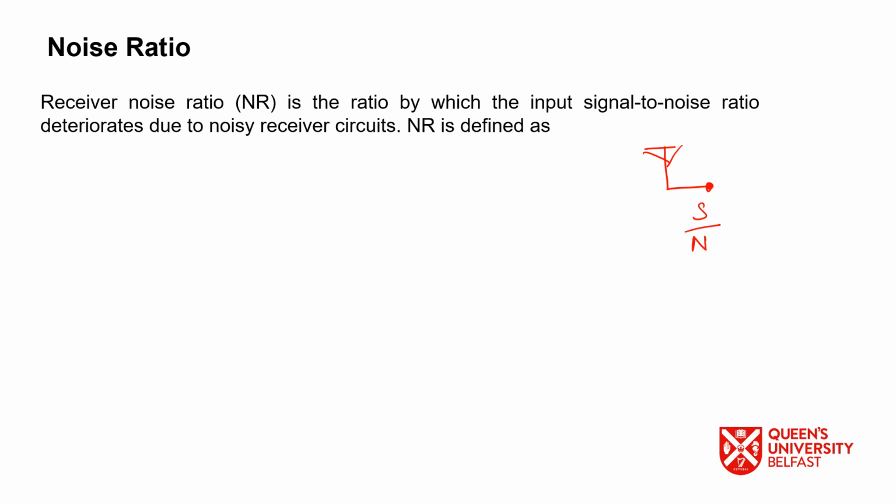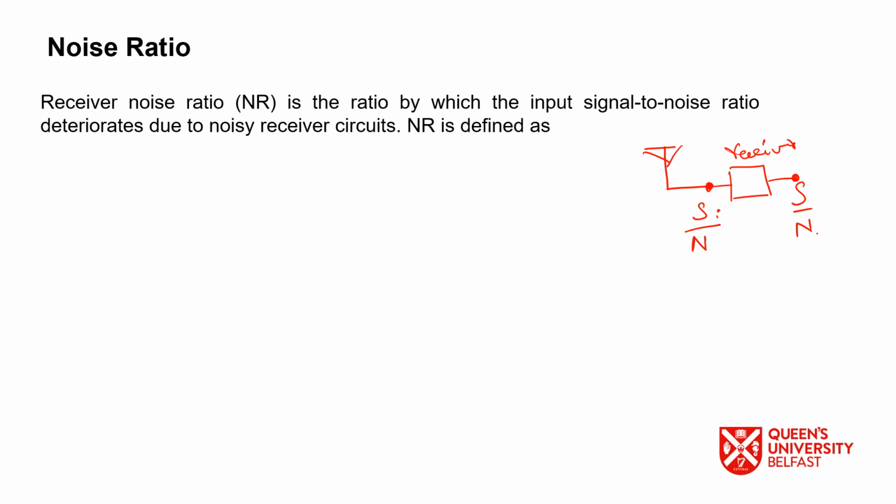If I take the ratio between the signal to noise here and after a cascaded receiver, which is not purely what an antenna is but a little bit different, it may have amplifiers and filters and other circuits that we will discuss later in this course, then there will be a different signal to noise ratio here.